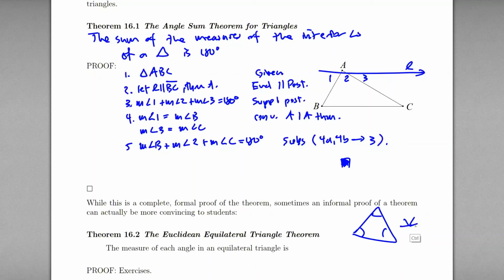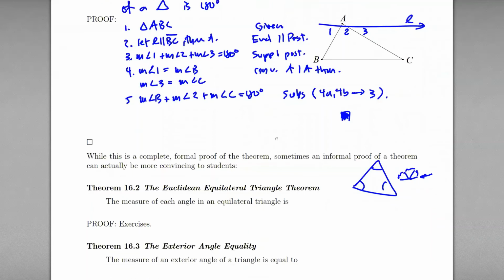What you get, the 3 pieces of torn paper, when you put the points all together, you get a flat line here. And that's what we're trying to say: the sum of the 3 angles is 180 degrees, so you end up with a straight line.